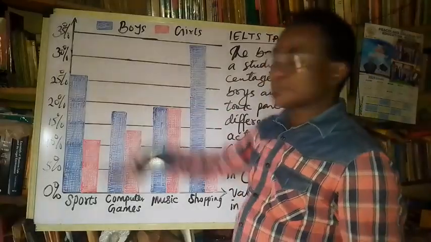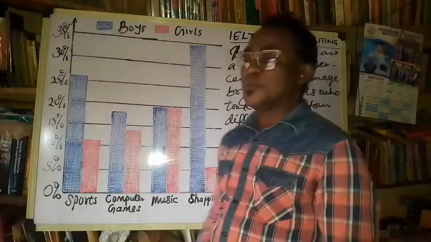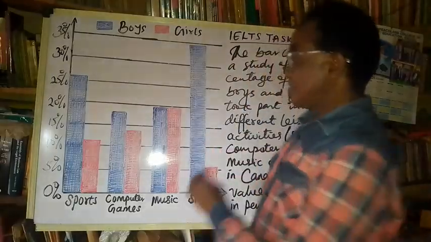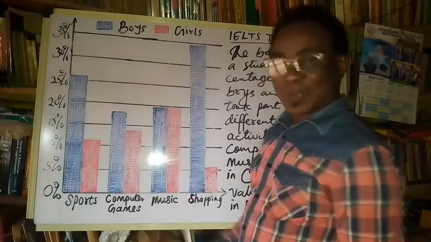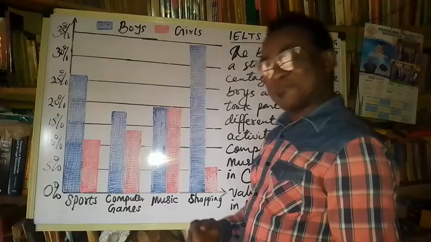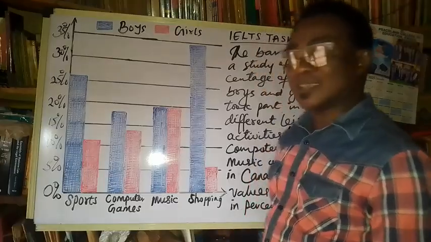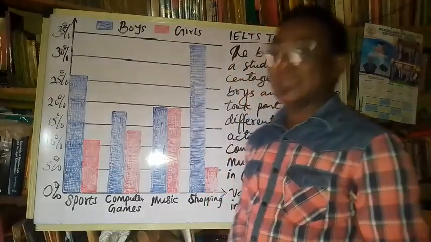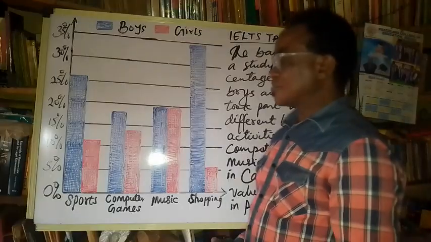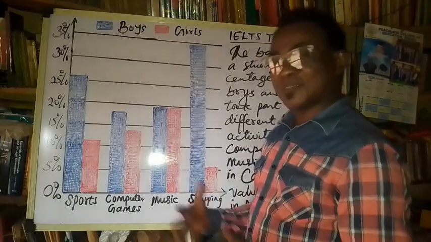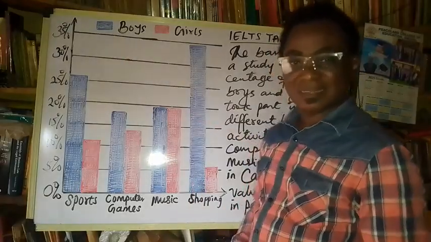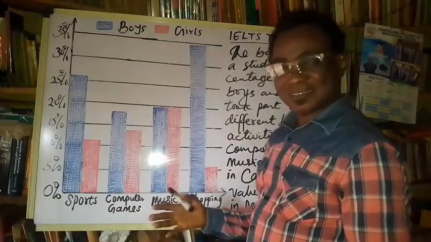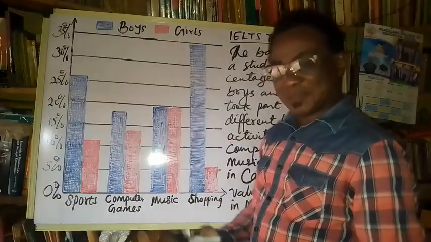Good. Now, in other words, in the overview, we talk about which values are rising, which values are not rising, that is, the highs and the lows. And then we talk about similarities. Are there some values that represent boys, that represent girls, that are similar?